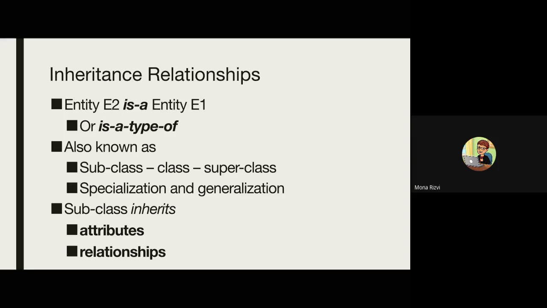So if you have that kind of relationship showing, it means that the subclass is like a duplicate of the superclass plus extra, just as in object-oriented programming.